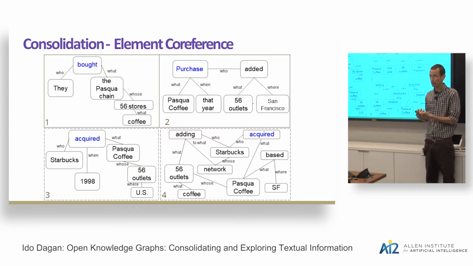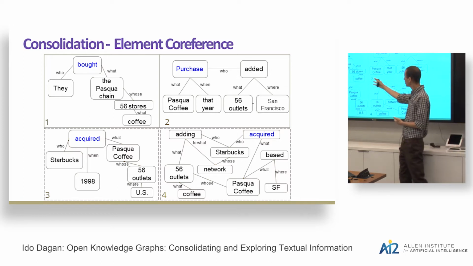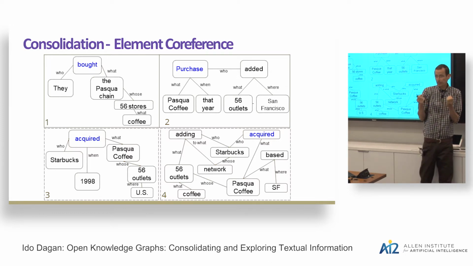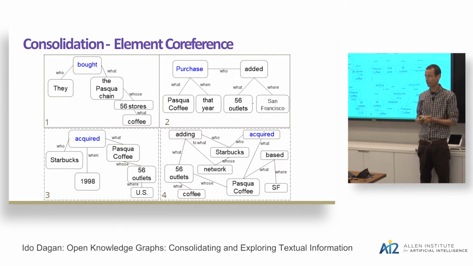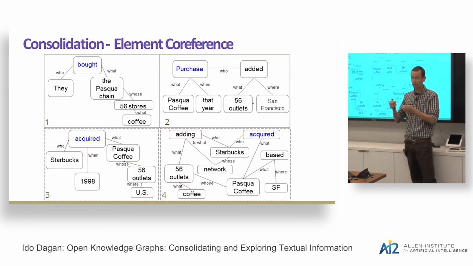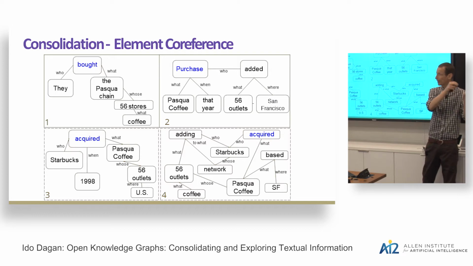Because what is coreference? When would you say that Starbucks and they should corefer? That's the definition of coreference, right? If they both refer to the same entity in the world. When would you say that the purchase and the bought you should link them in event coreference? If they both corefer to the same activity or event in the real world.